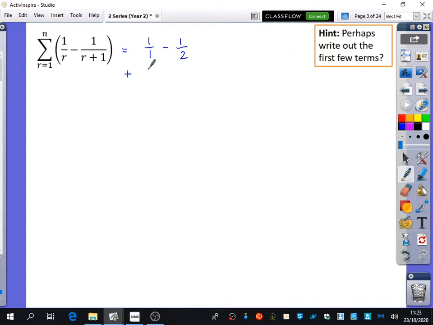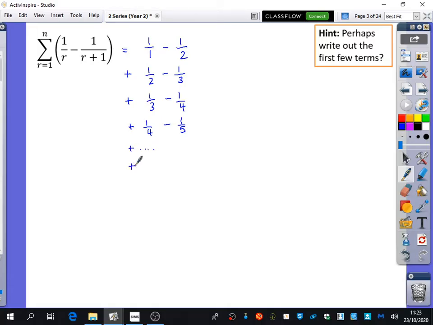So when I substitute in 2, I will have 1 over 2 minus 1 over 3. And when I substitute in 3, I would have 1 over 3 minus 1 over 4. And I'll do one more. If I substitute in 4, I would have 1 over 4 minus 1 over 5. And this would keep going and keep going, so I'll put plus dot, dot, dot.